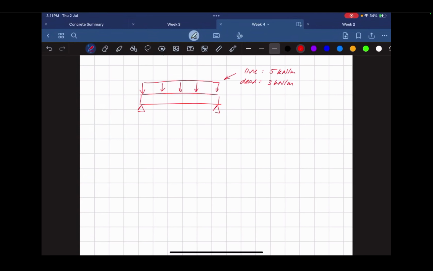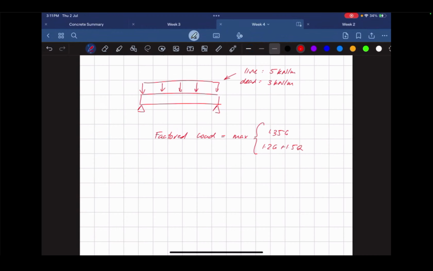The factored load, right? This is straight from AS 1170.